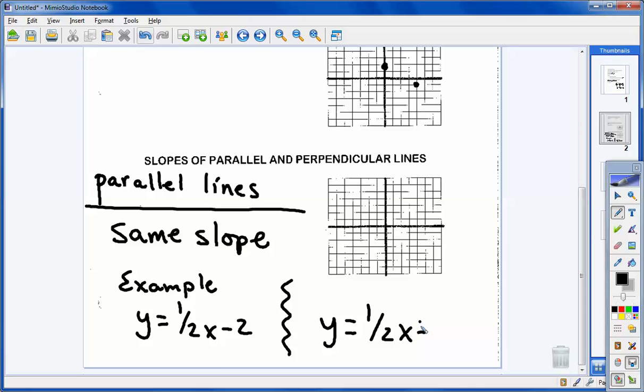Why don't you guys write these two equations down that I've put in slope-intercept form up here. y equals half x minus 2, y equals half x plus 3. We're going to look at graphing these. Let me know when you've got A, a ruler, and B, the example written down that I have in this section of the notes.